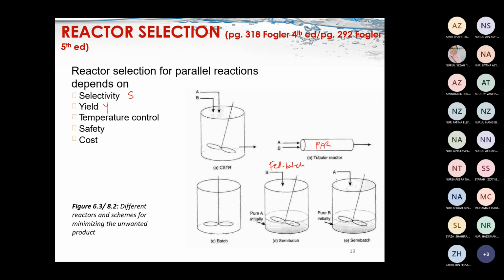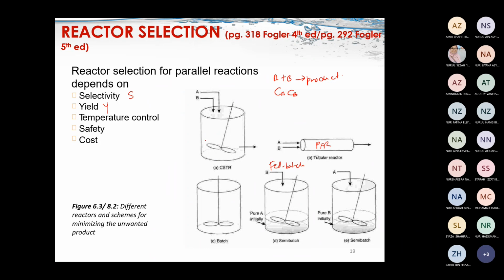Okay, so let's say we have A plus B giving product. We look at them one by one. Now we have CA and also CB.